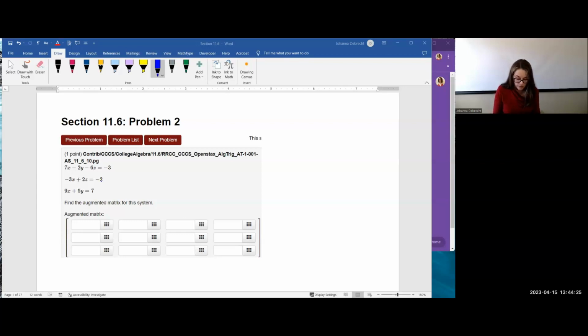So I'm going to rewrite it over here, and I'm going to make sure that I line them up in columns, and I'm going to leave either a blank space or a +0 for that variable term if it's missing. So I have -2y, -6z, then equals, then the constant. -3x goes under 7x, +2z goes under -6z, and then equals and -2.